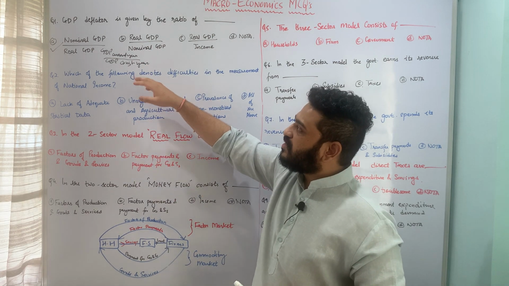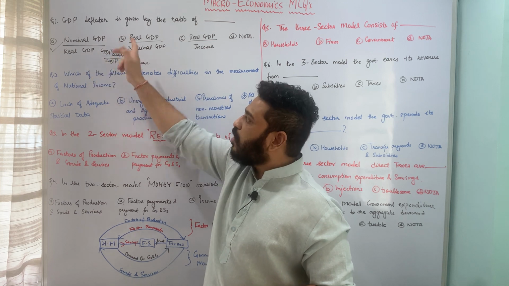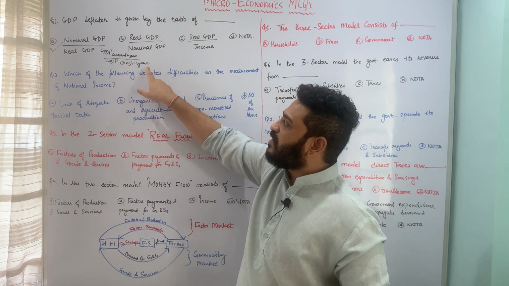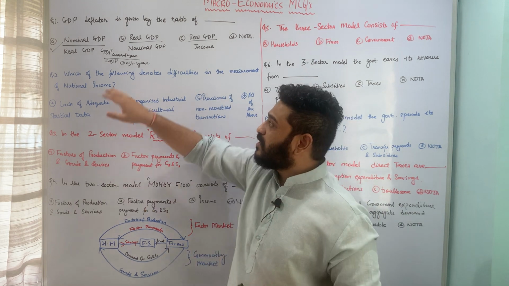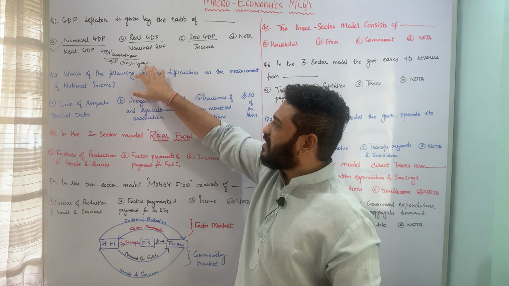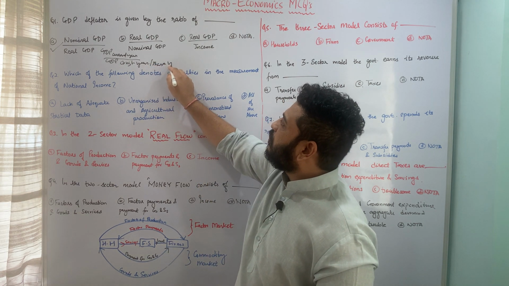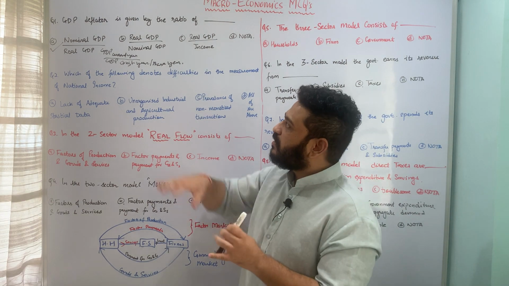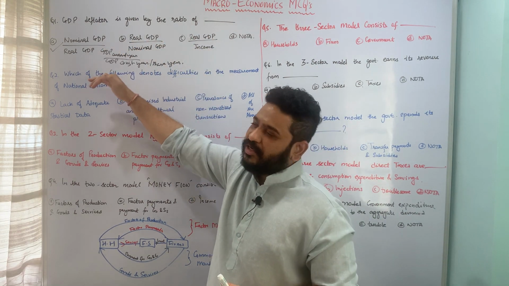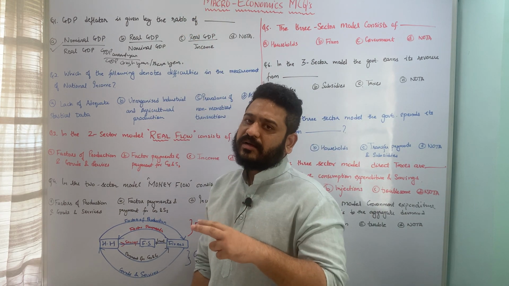So GDP deflator is nothing but the ratio of nominal GDP to real GDP, or GDP at current year prices divided by GDP at constant prices, or base year prices as they say. So you have to remember this. GDP deflator is nothing but the ratio of nominal GDP to real GDP. I hope this question is pretty much clear, and also the concepts of nominal GDP and real GDP.